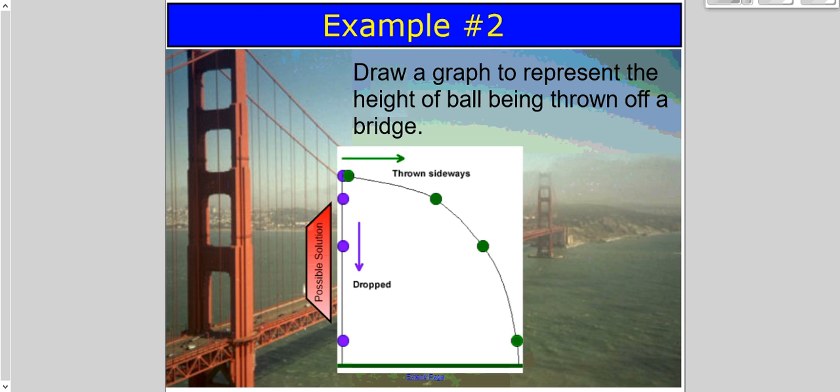In which case, of course, this is non-linear. We have this curve that's happening. Or if you just dropped it and it went straight down, then that would be linear. So the graph could really depend on what you decided to draw, either or.